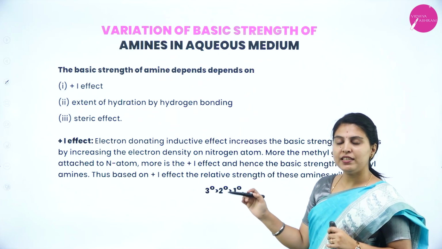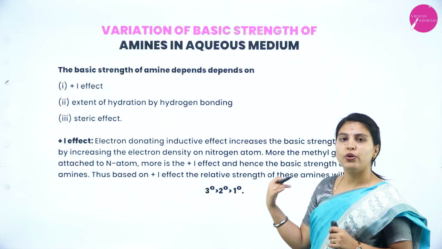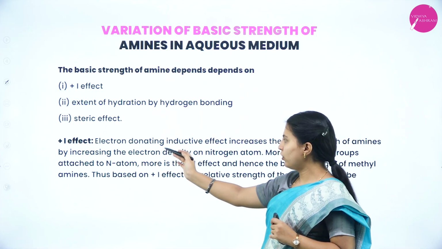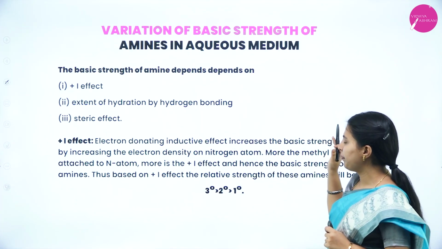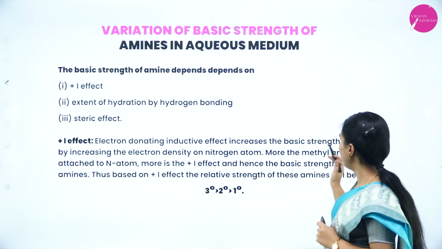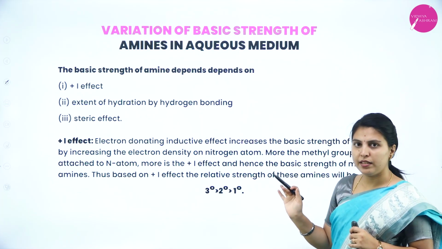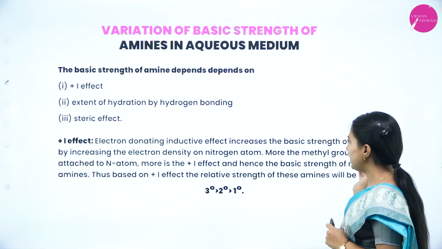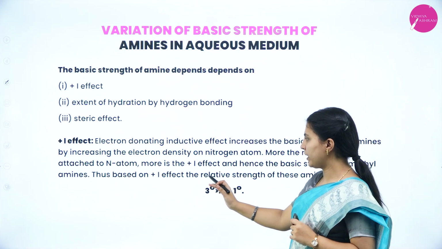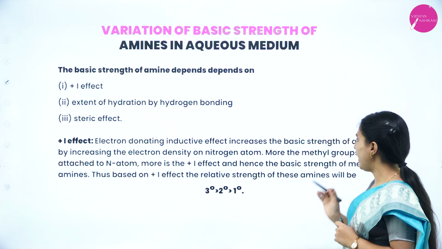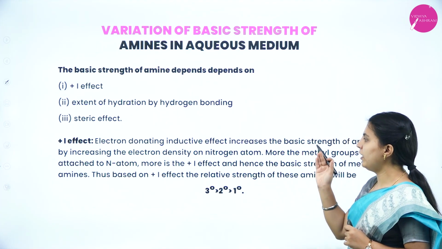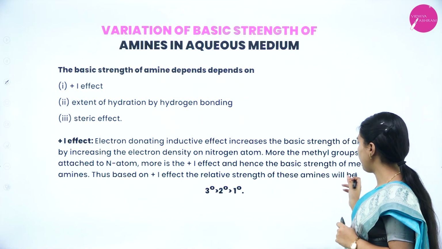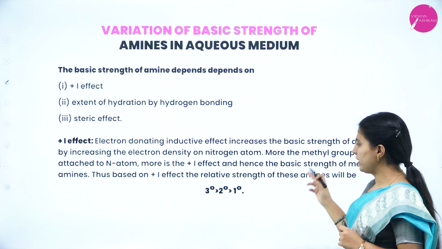The more methyl groups attached to the nitrogen atom, the more the plus I effect, and hence the basic strength of methylamines. Thus, based on plus I effect, the relative strength of these amines will be tertiary, then secondary and primary.